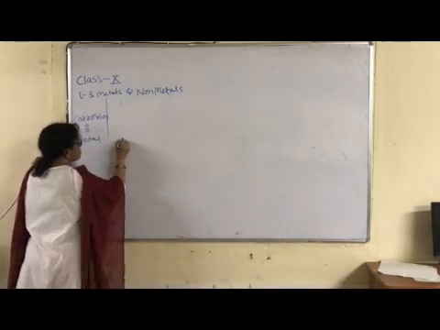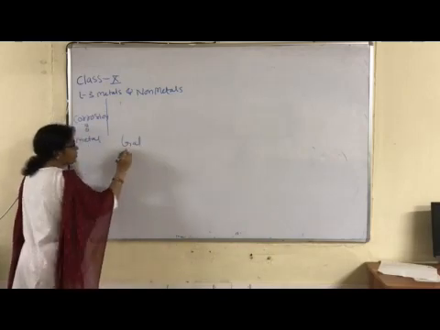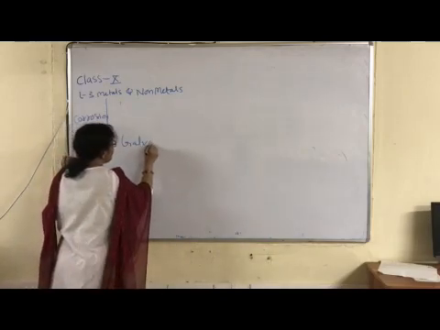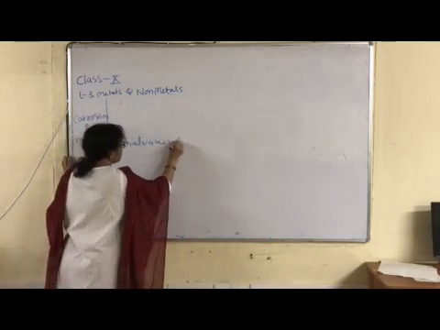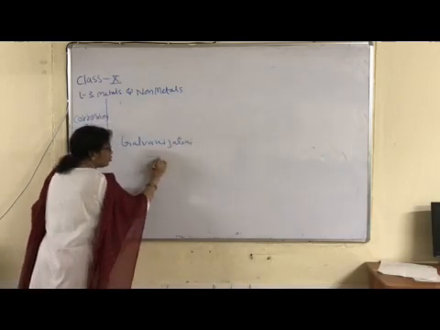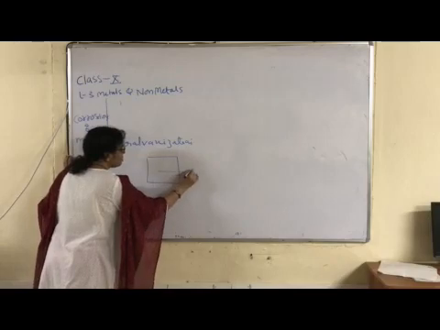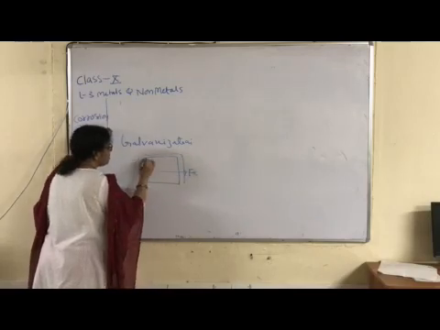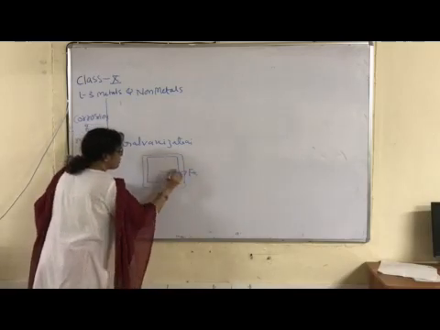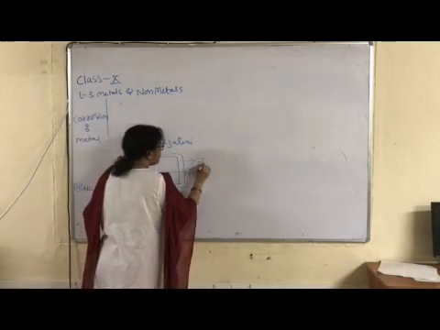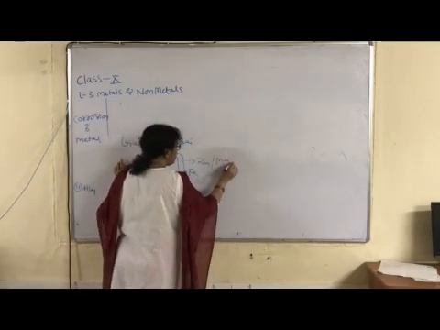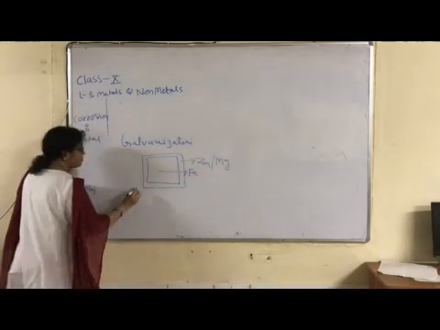I would like to discuss only the modern method, galvanization. Right? It means coating of zinc metal, a more reactive metal, on the surface of iron metal. This method is known as galvanization.